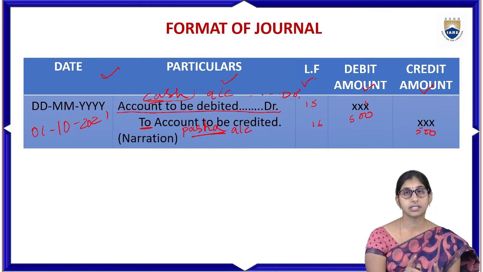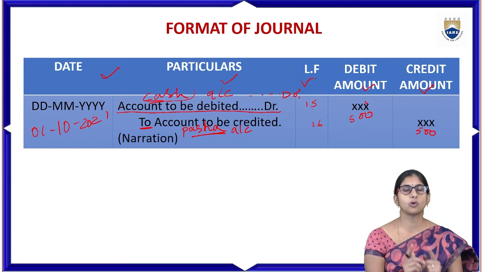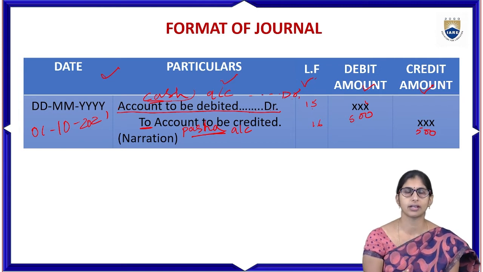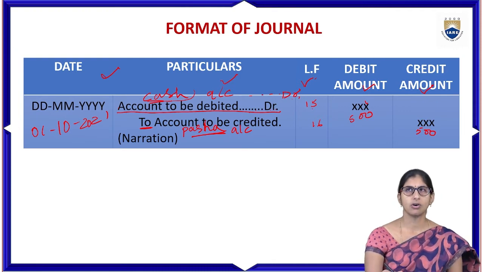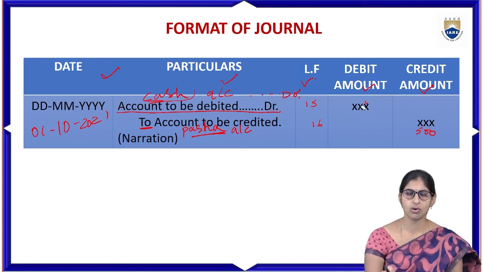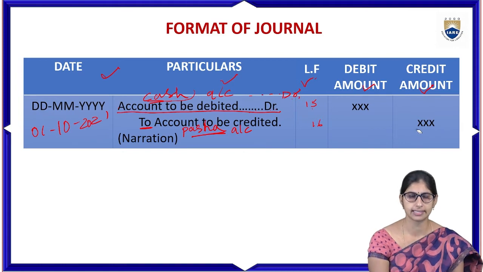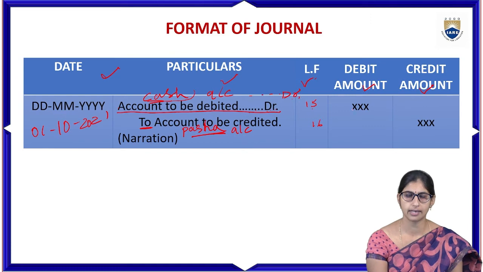Because as we discussed, we'll have a twofold effect. That is, for every transaction, we'll have a twofold effect. One is debit, the other one is credit. So that is the dual aspect concept according to the concepts of accountancy. So here, this amount has to be written exactly adjacent to the debit entry, and the credit also you can find here.